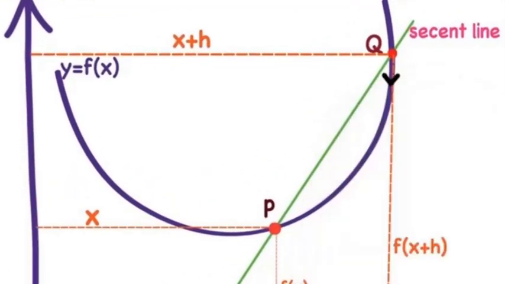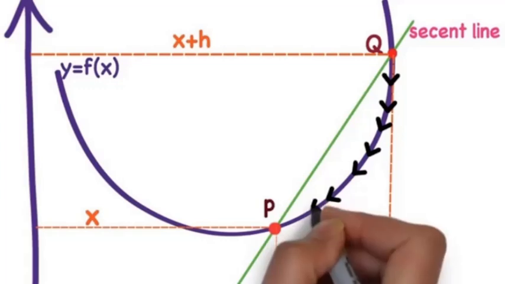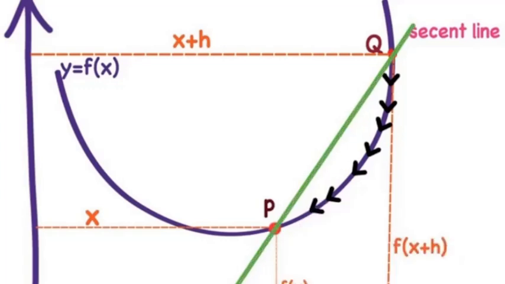Now observe, as Q is approaching P from the right, what happens to the secant line? Observe the diagram please. See the secant line PQ and observe its tendency.